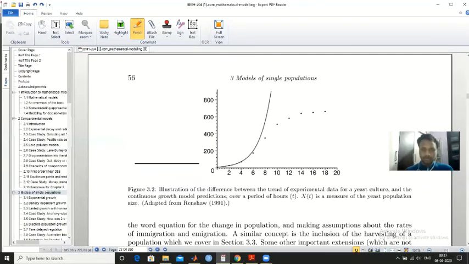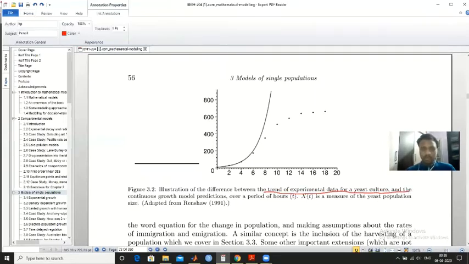We read out: this is the difference between the trend of the experimental data of a yeast culture and the continuous growth model prediction over time t. So actually, this is the exponential growth which is given by the model. Which model? The exponential model, which we have already discussed.